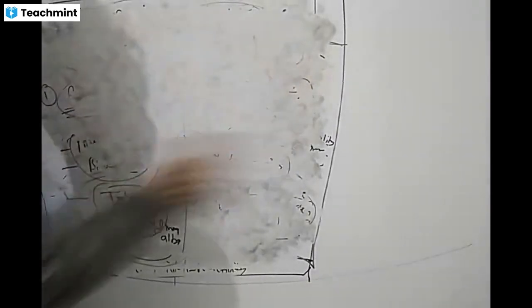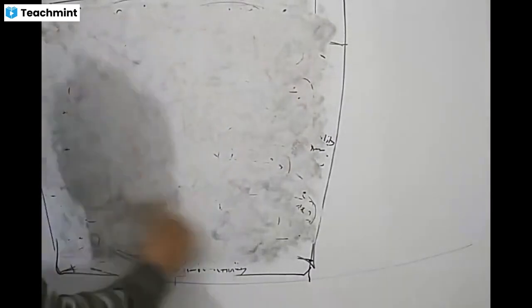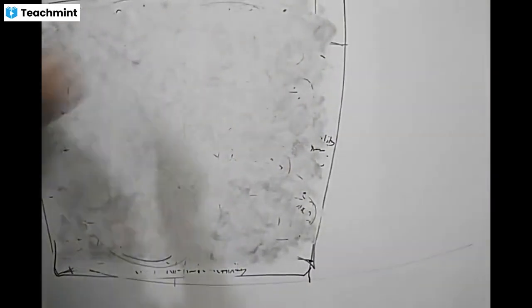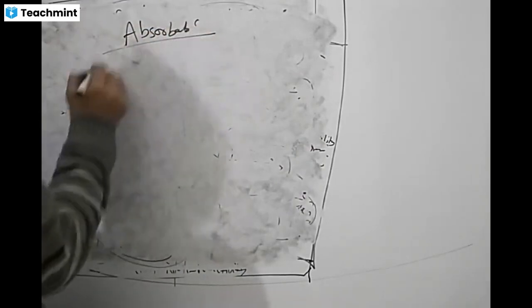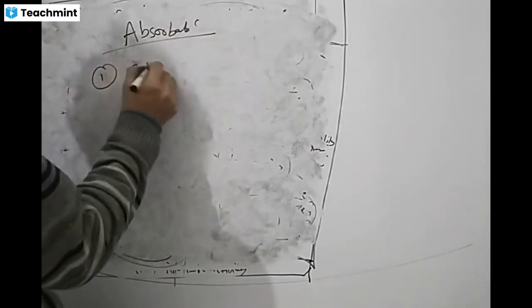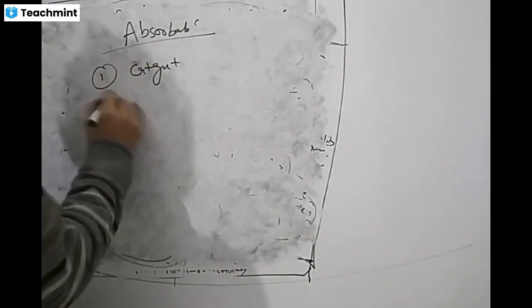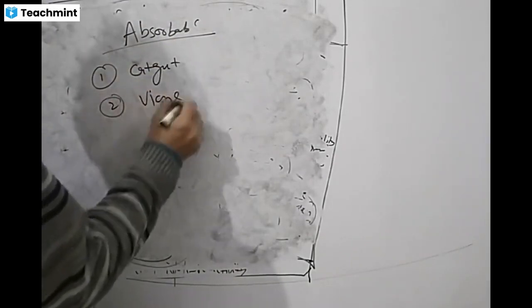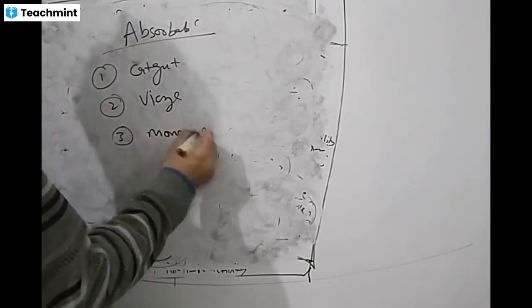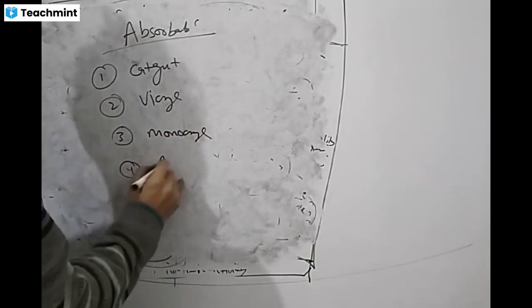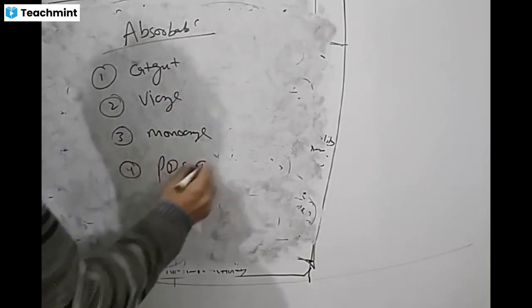The next suture material. See, in absorbable we studied catgut, we studied vicryl, we studied monocryl, and number 4 polydioxanone, PDS2.